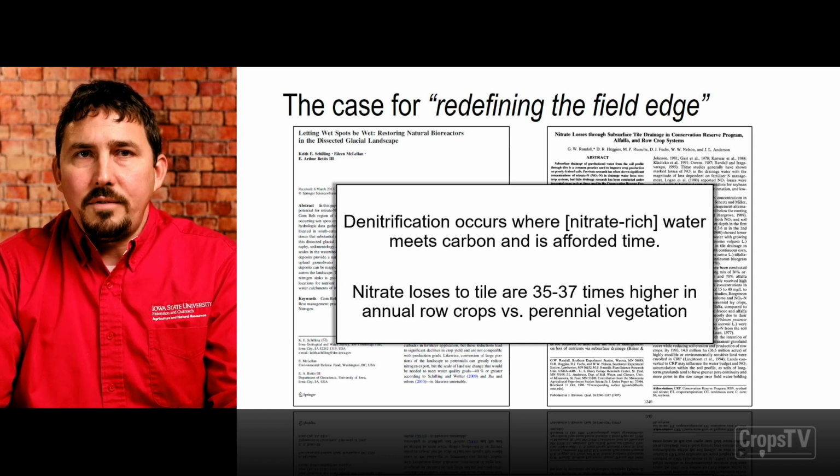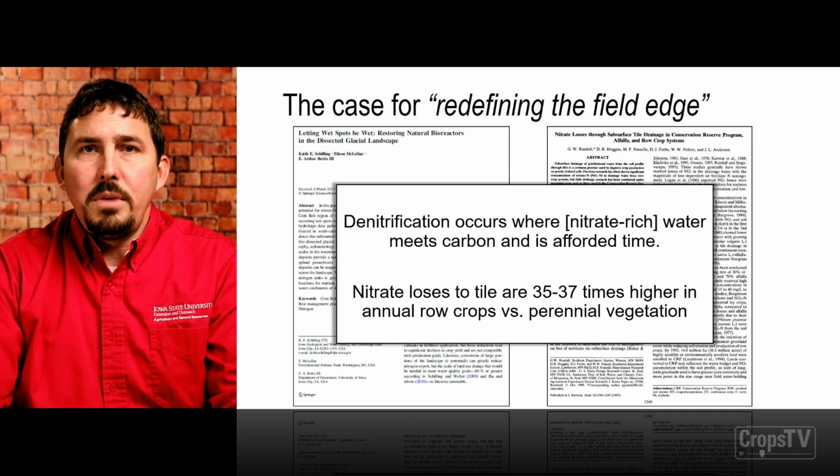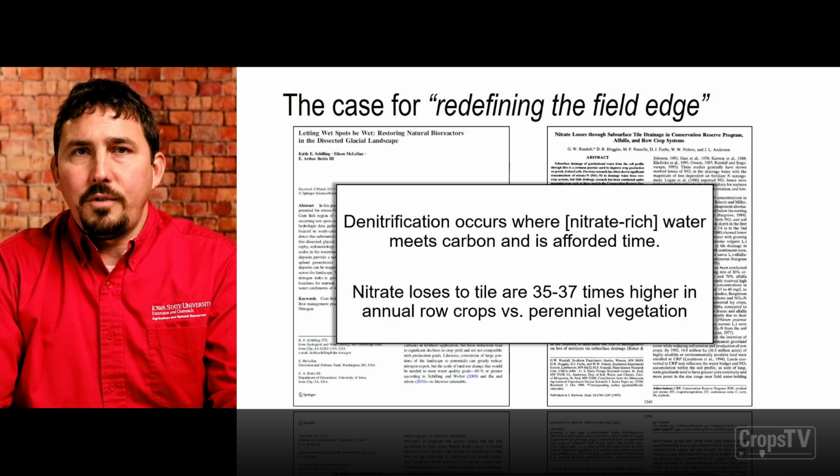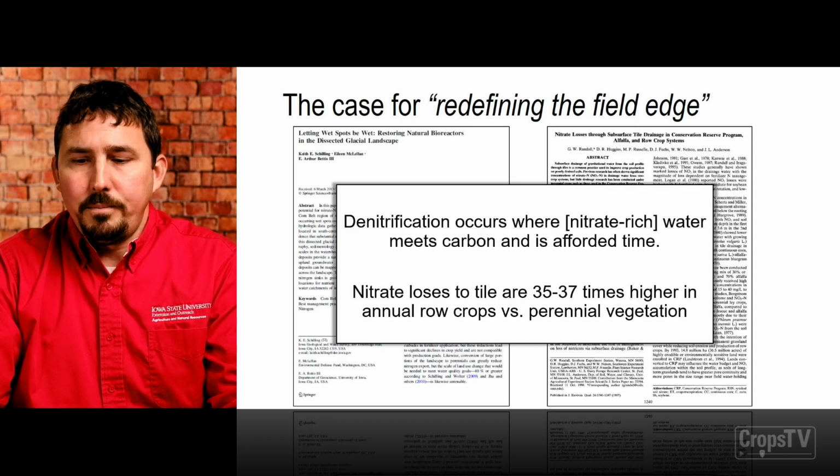The other aspect of this is that a lot of times in these depressional areas, we see nitrate losses that are many, many, many times greater in annual row crop areas versus perennial areas. And so this is just another aspect of how we can manage these areas a little bit differently to be beneficial on all different aspects of the landscape.